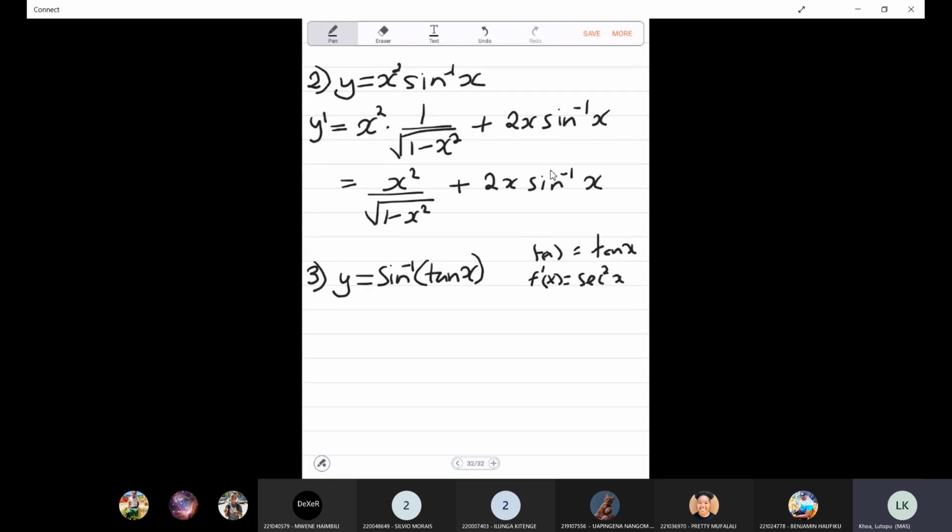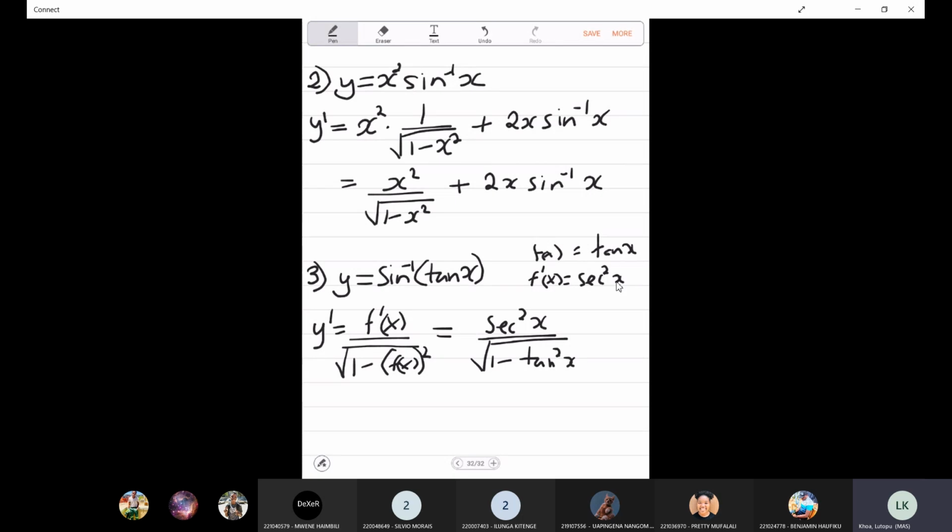Then you remember the formula for the derivative of sine inverse of f of x. So we say that y prime is f prime of x over the square root of 1 minus f of x squared. Then just substituting, my f prime of x is sec squared of x, and in the denominator I have 1 minus tan squared of x.